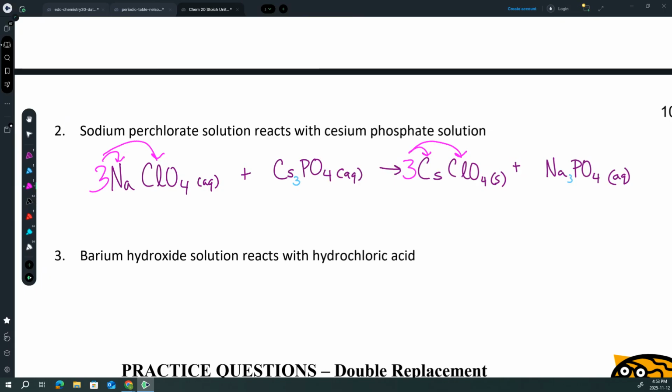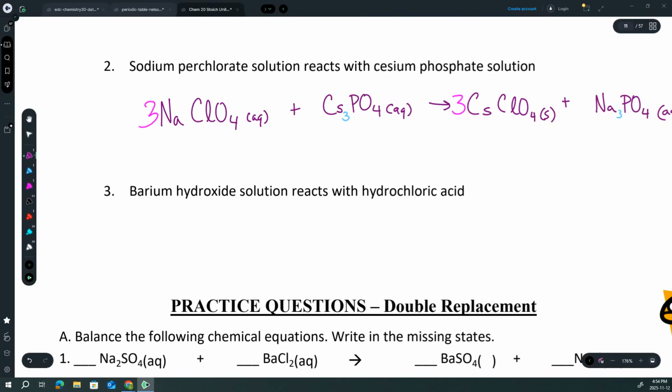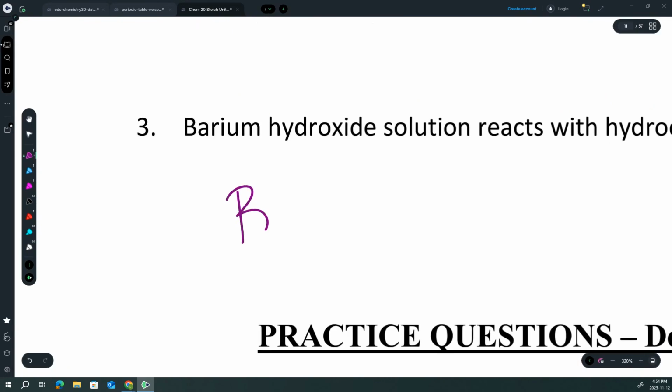The 3 didn't just affect perchlorates, it also affected cesium. So we have 3 coming out, but guess what? We also have 3 coming in. So that's balanced. Phosphate, there's 1 phosphate coming in, 1 coming out. That's good. Everything's balanced. Okay, last but not least, barium hydroxide.